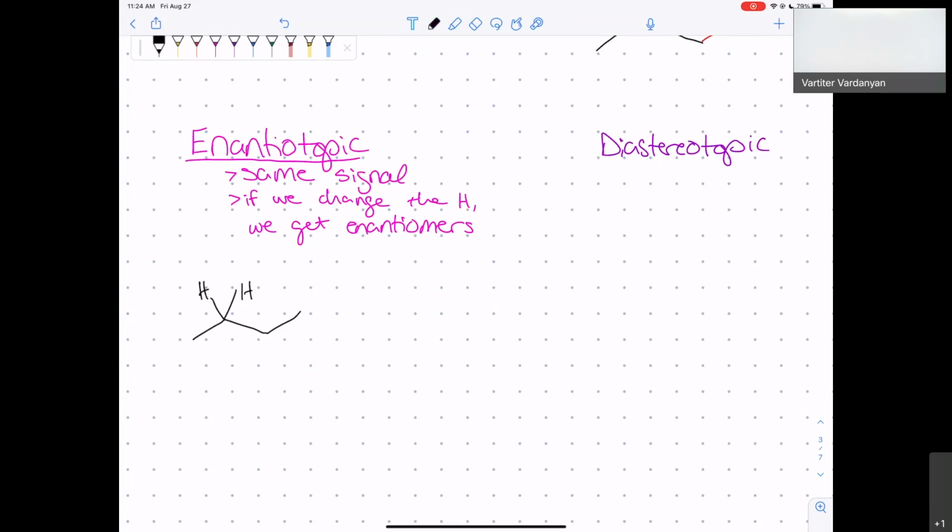Do we have a chiral center here? No, but we do have something called a potential chiral center. So I'm going to put a little P here. A potential chiral center is a carbon that has 2 unique groups and 2 hydrogens. And the reason it's a potential chiral center is if I replace one of those hydrogens, we get a chiral center.